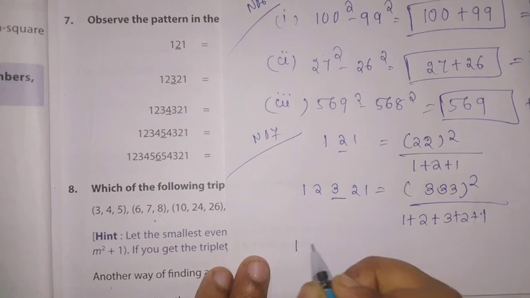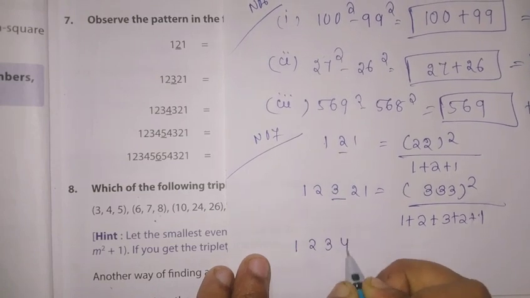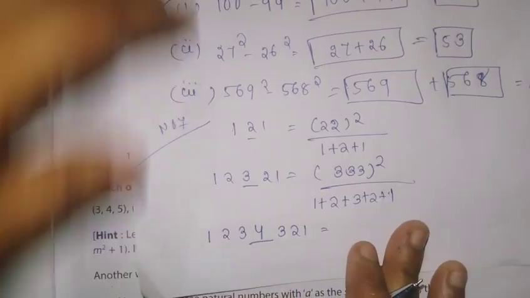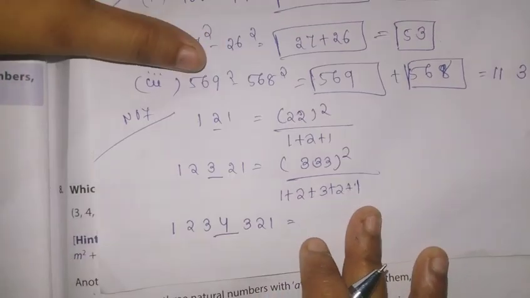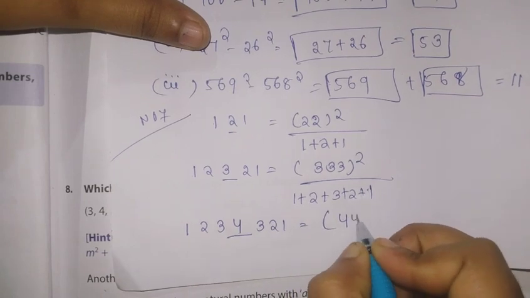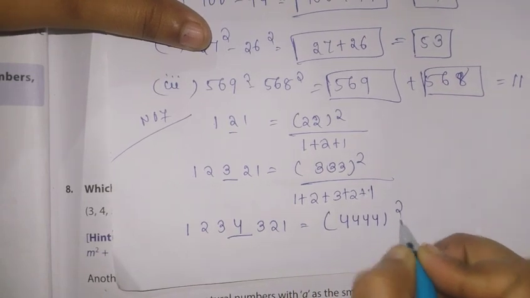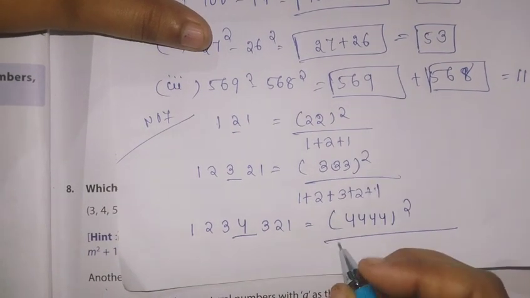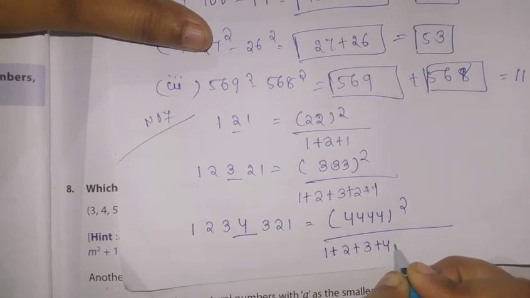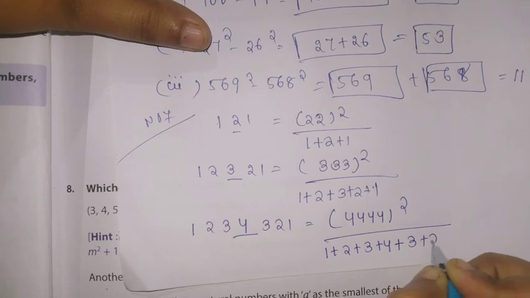Then 1, 2, 3, 4, 3, 2, 1 equals 4, 4, 4, 4 square divided by 1 plus 2 plus 3 plus 4 plus 3 plus 2 plus 1.